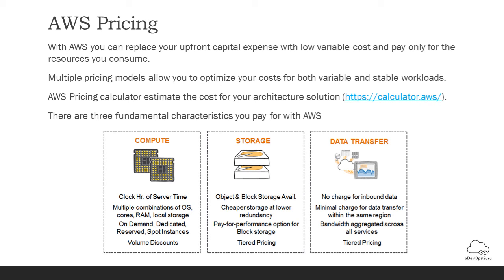So this helps in getting a rough price, like what would be your final bill.